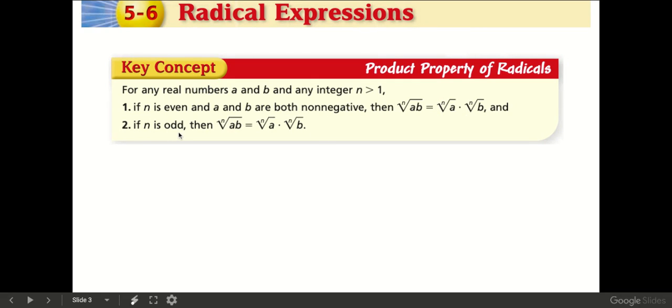And if n is odd, then the nth root of ab is equal to the nth root of a times the nth root of b. This product property shows that if you have the root of the product of two values, it's equivalent to the root of the first factor times the root of the second factor.